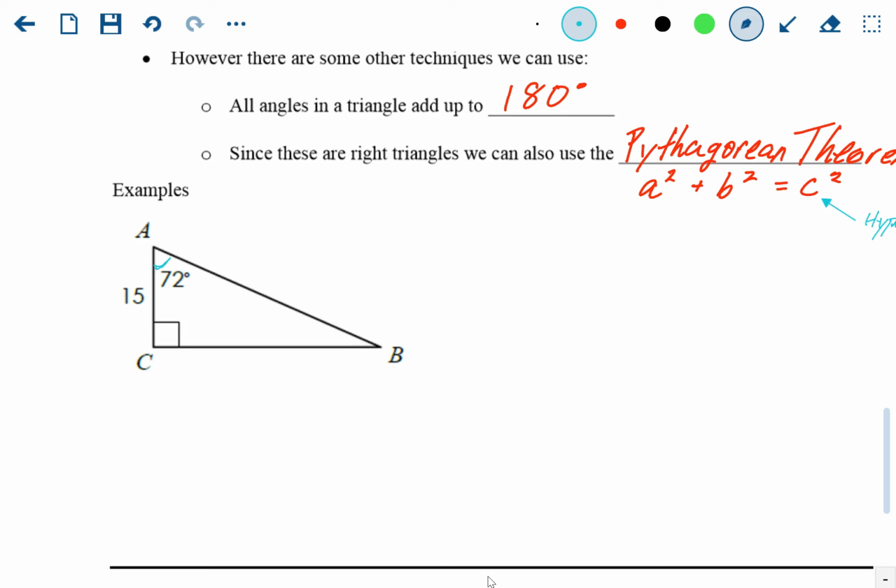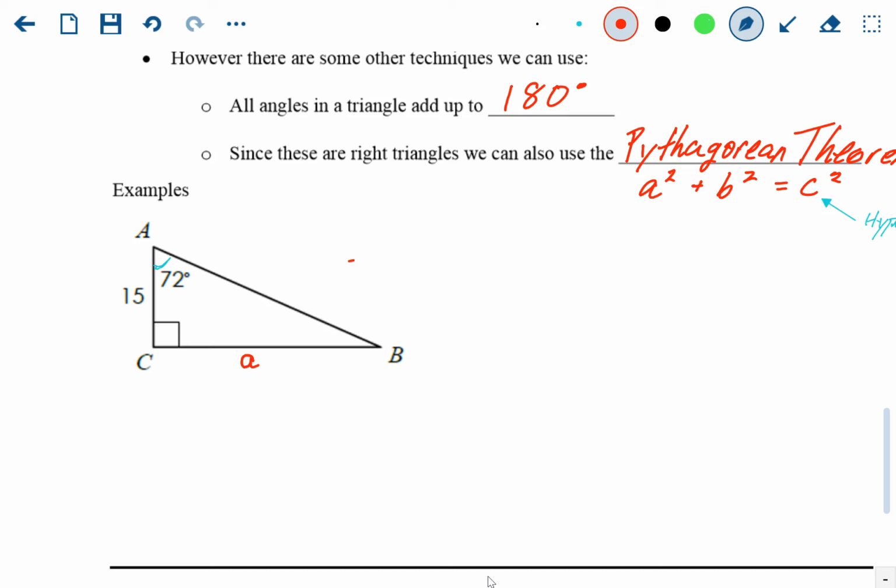Now, one thing I always want to do is label what we don't know. These side lengths aren't labeled. Usually how we label sides in a triangle is whatever angle is across from it is that side length. So across from angle A is going to be side a. And for sides we use lowercase letters, and for angles we use uppercase letters.